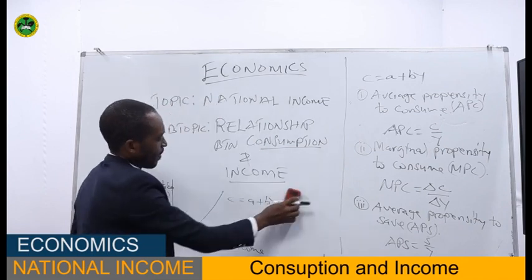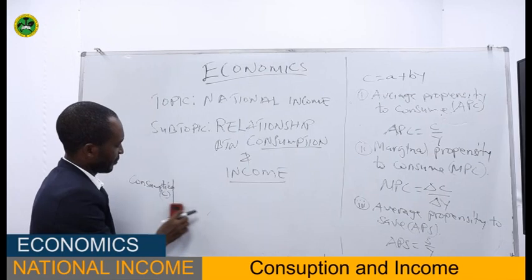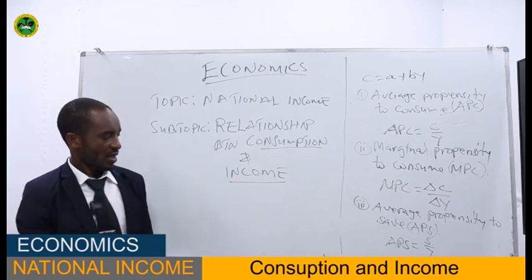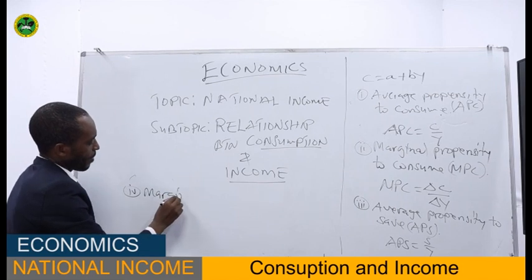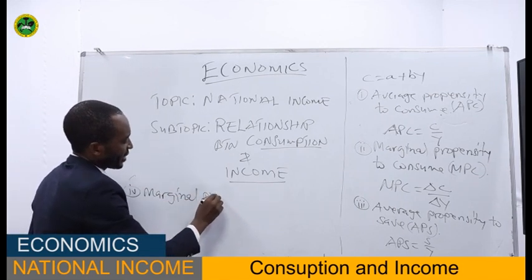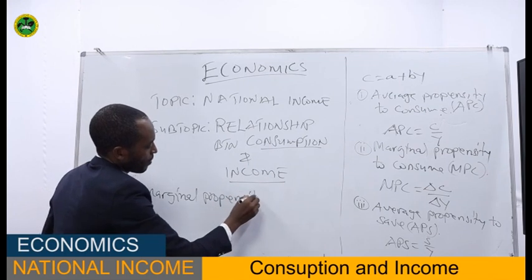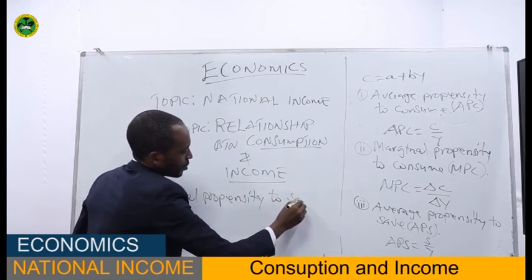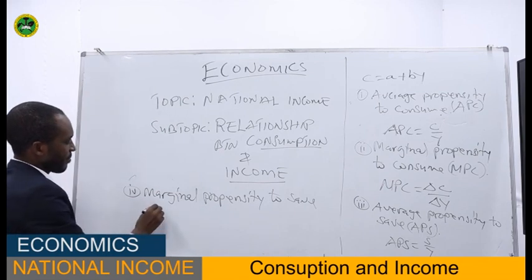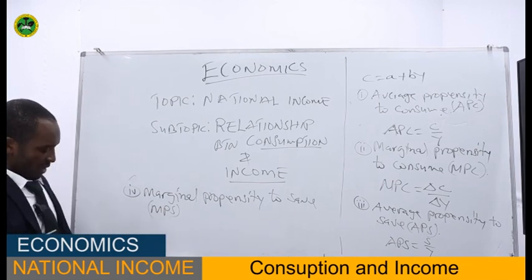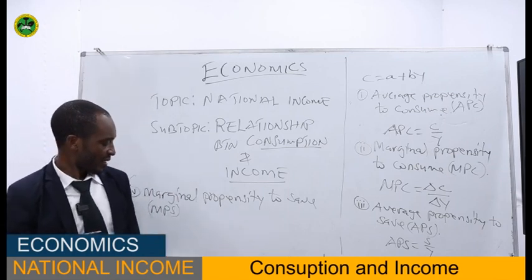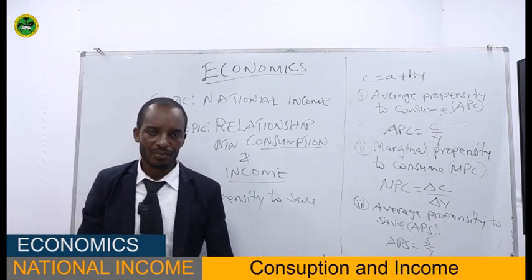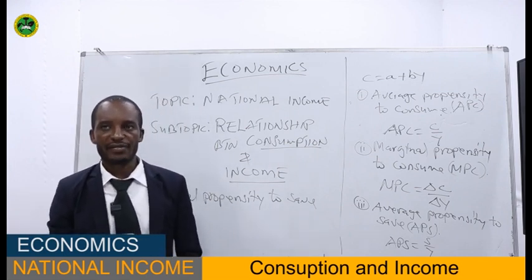And the fourth concept is marginal propensity to save, MPS. Marginal propensity to save is the additional income used for saving.